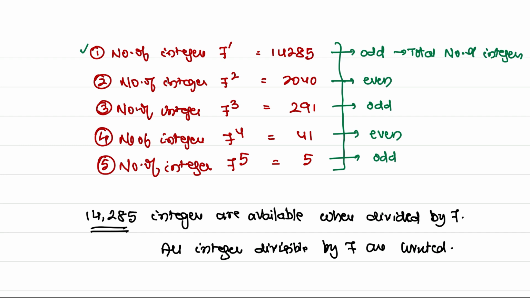From this, I have to remove even integers. It should be minus, it should be removed from 14,285. And the even integers, this is also counted, that also has to be removed.